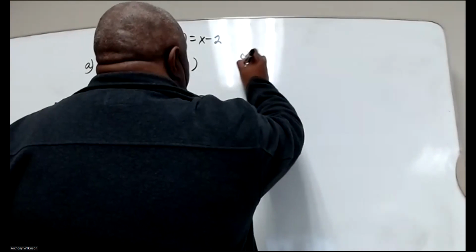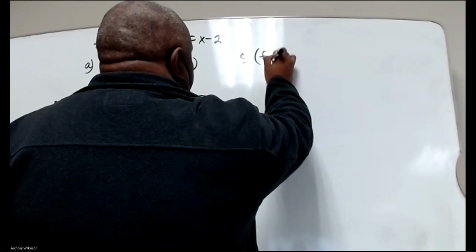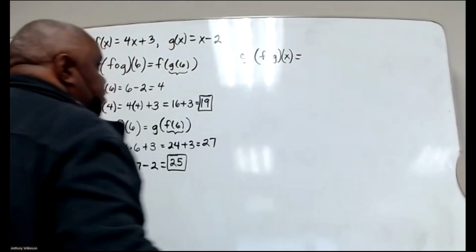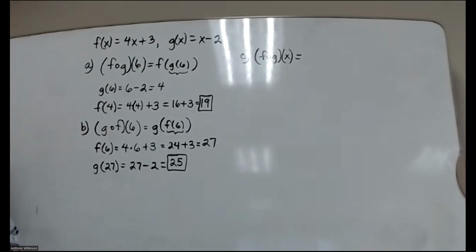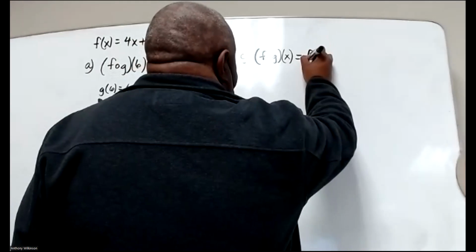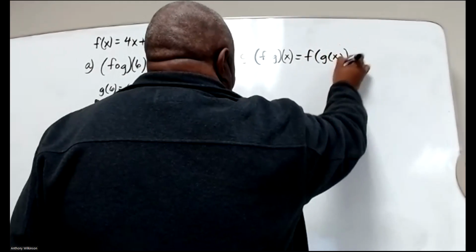Okay. Now, let's take a look at part C. Say we want to find the composition of f with g of x. That simply means this, f of g of x.